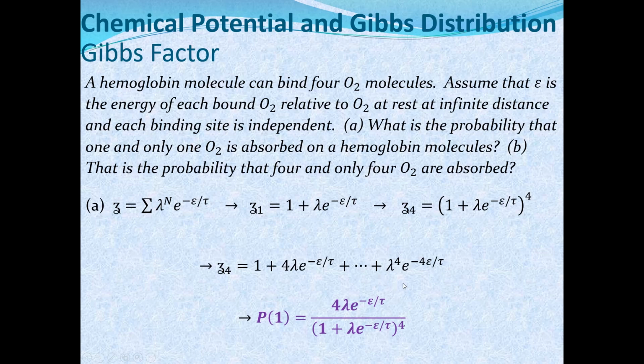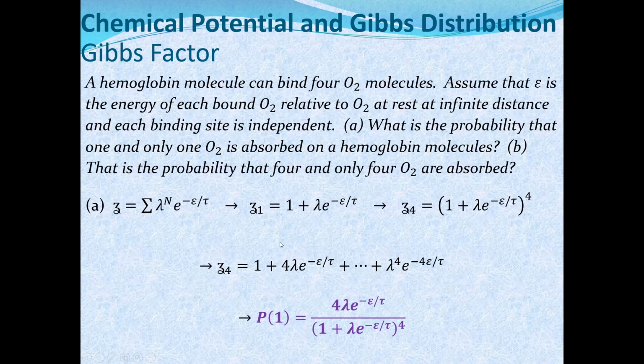And this can only occur once because there's only one combination that will get you 4 of them. So this allows us to make the probability a little bit easier by expanding the equation out. But again, we could have just done this, this is just a shortcut way of seeing this. But yeah, the probability will end up looking like this.